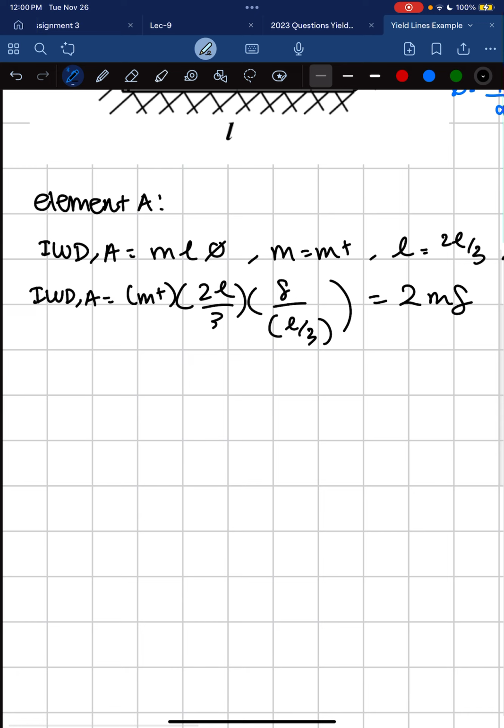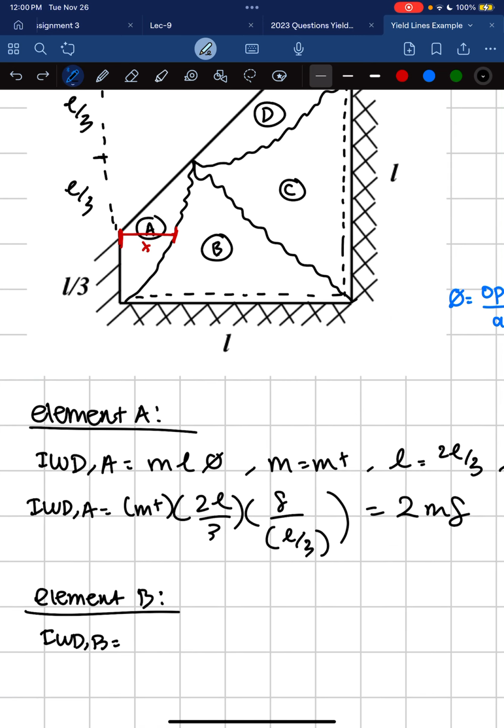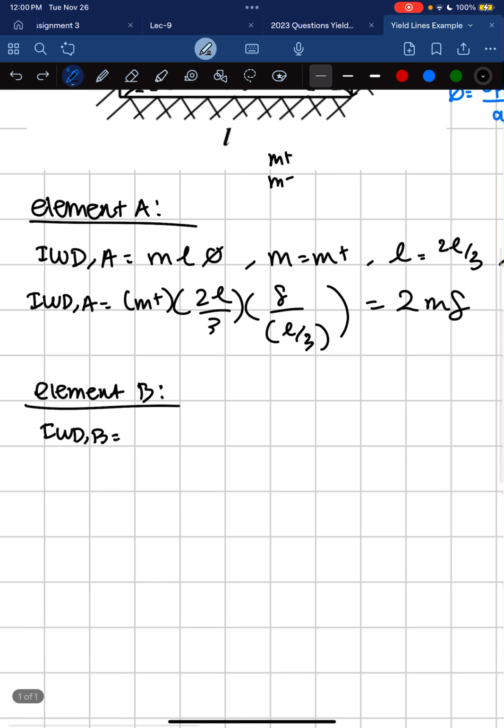Now let's move on to element B. For element B, we have a fixed support here, so we need to consider both m positive and m negative. This is always the case for a fixed support. So let's start off with m positive.